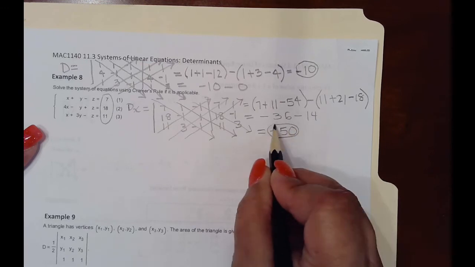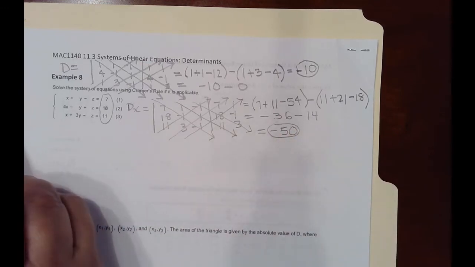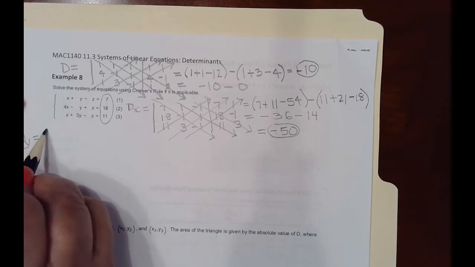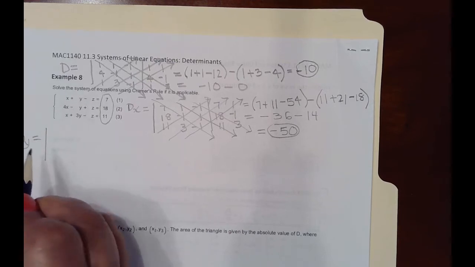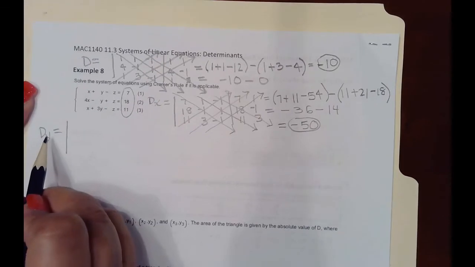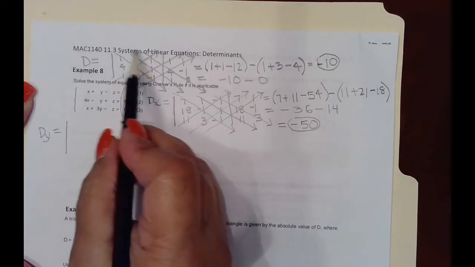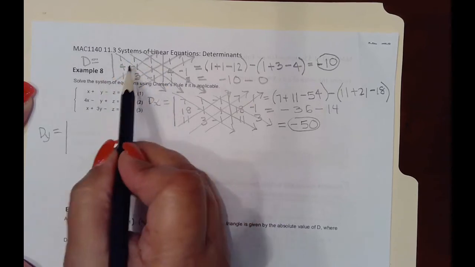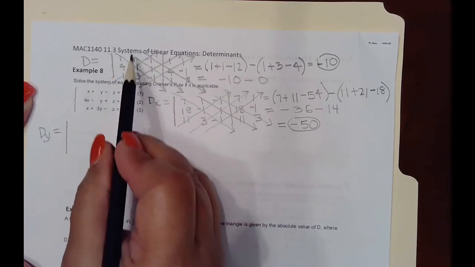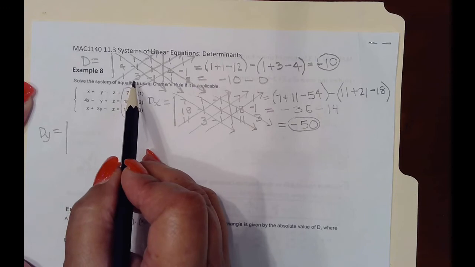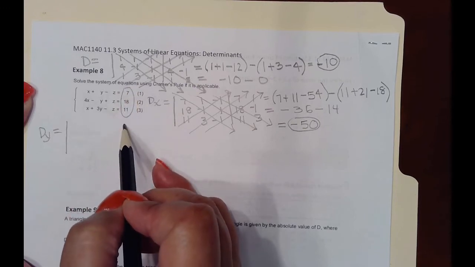So now we have d sub x, and still have d sub y and d sub z to do. So d sub y is right here. This time we're going to be replacing the y column with these constants. Again, look at this main determinant, because you're just replacing that middle column, which is the coefficients for y, with the 7, the 18, and 11.